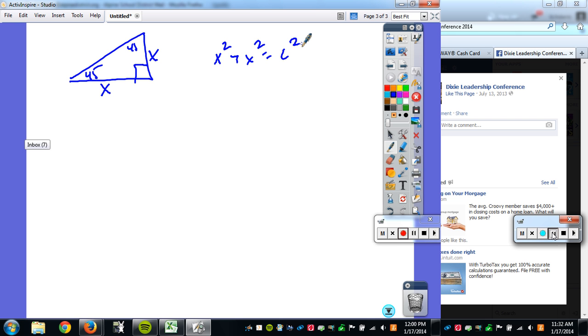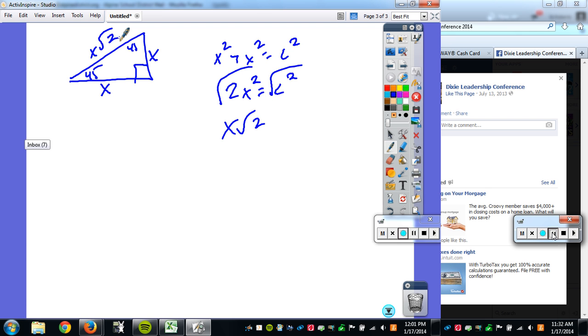How many x squareds do we have? 2 of those. And now what? x root 2 would be what that is. Correct? Everybody see where that came from? That is our special triangle, and it always has that ratio, no matter what.